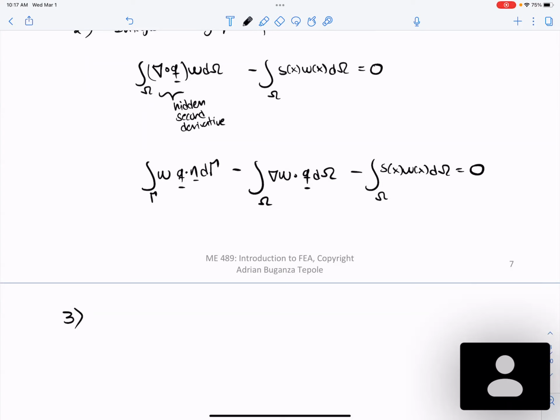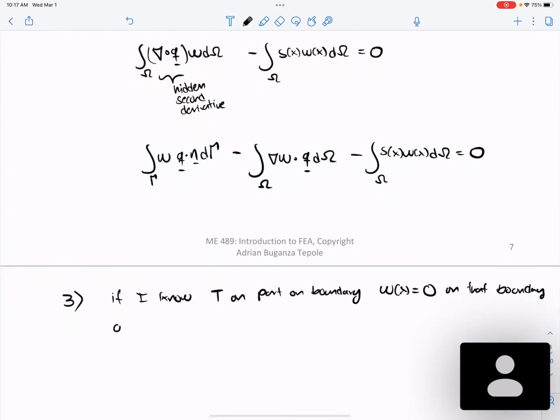You set the weight function to 0. Yes, so if I know T on part of the boundary, then immediately on that part of the boundary, W equals 0. And otherwise, I know the flux. Some whatever flux, let me call it Q star.